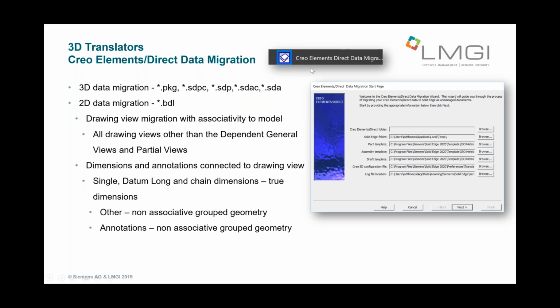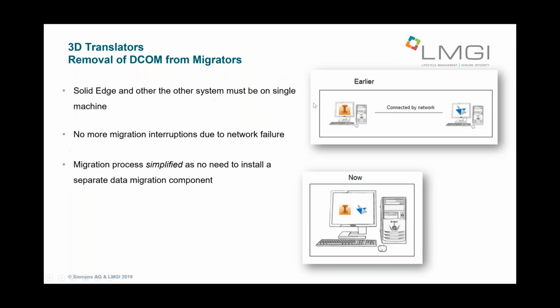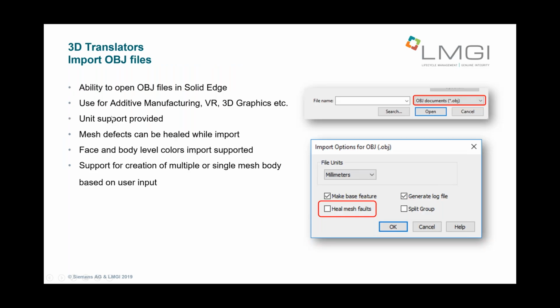And it uses the API inside of the other CAD system to help generate these drawings. So the other system must be on the same system as the Solid Edge is, and that helps with the conversion.